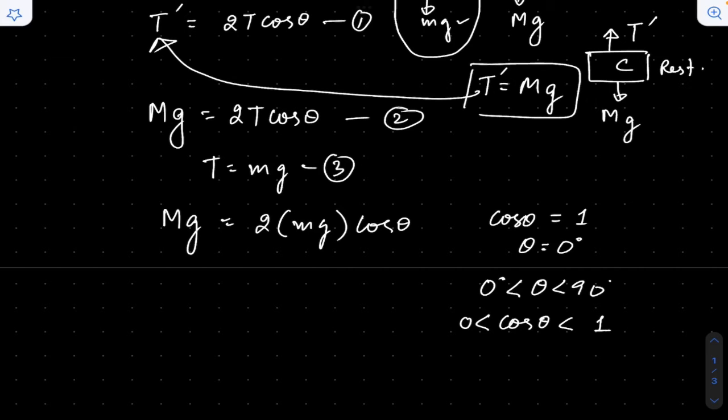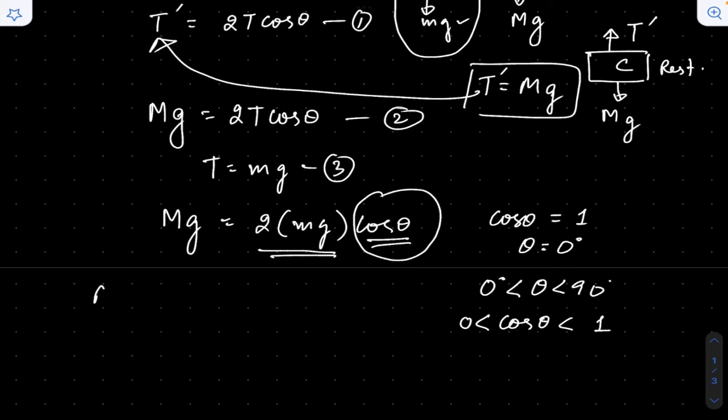It may be 1 by 2, 1 by 3, 1 by 4, anything less than 1 but greater than 0. So when we substitute any value in place of cos theta, the resultant will be less than 2 mg. If cos theta is 1, it becomes 2 mg, but in such situations cos theta is less than 1, so the product becomes less than 2 mg.